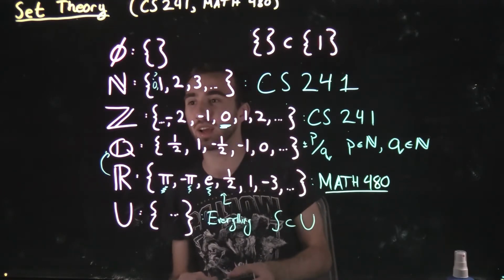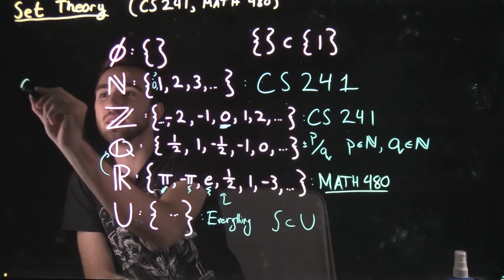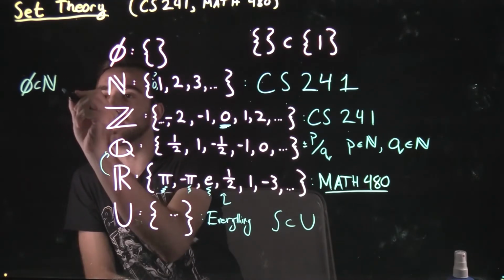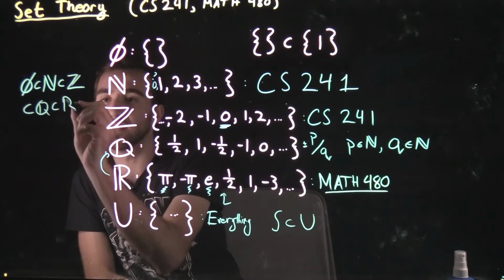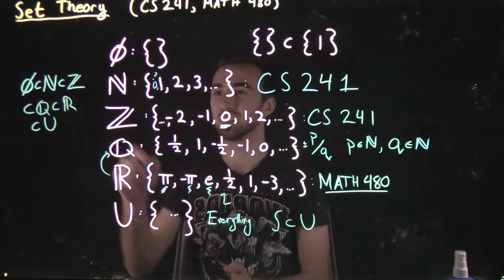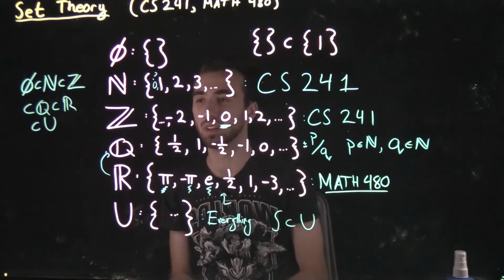And before I go, it is cool to notice that all of these sets, in the way I listed them, are all subsets of the next one. Subset of R, subset of U. So the empty set is inside of the natural numbers. The natural numbers are included inside of the integers.